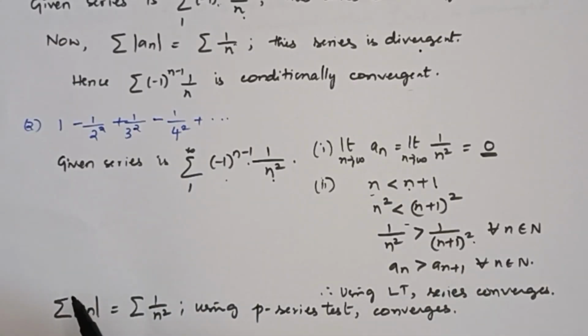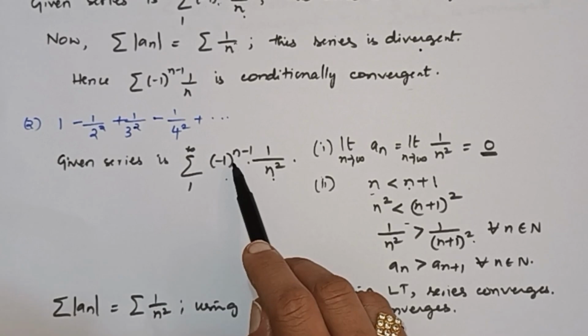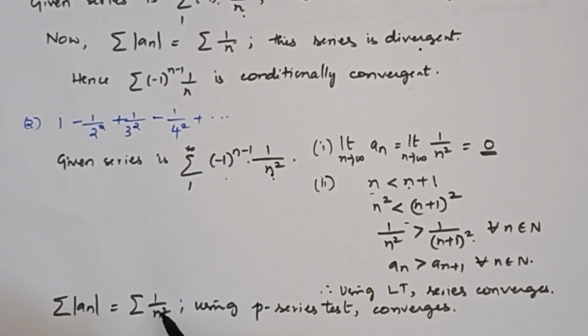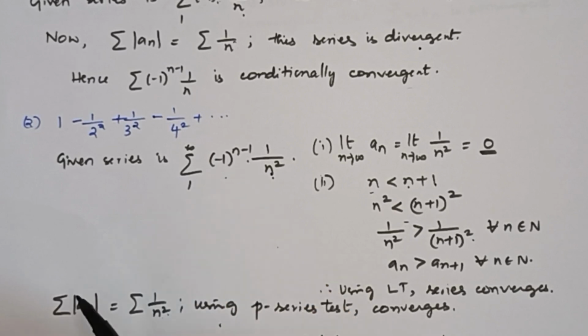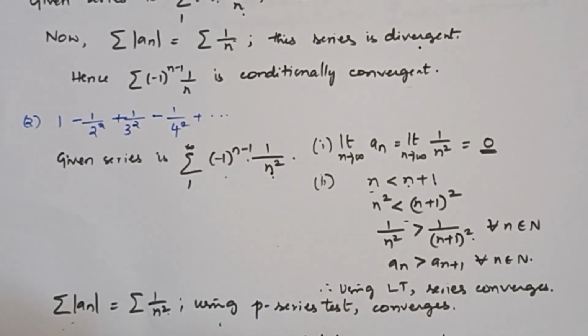Now find modulus of an, which is 1 by n square. All the negative signs vanish, and you just have a positive term series. Using the p-series test, p equals 2, so this series is convergent. Therefore, the given series as well as modulus of an converges. Hence, the given series is absolutely convergent.